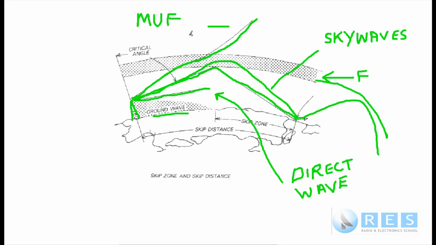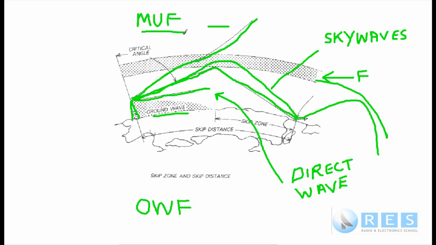In fact, the best frequency to use is the optimum working frequency, and the optimum working frequency is about 15% lower than the MUF. It wouldn't be wise to transmit exactly on the MUF, because you might find that one minute your signal's escaping from the ionosphere, next moment your signal's being refracted.